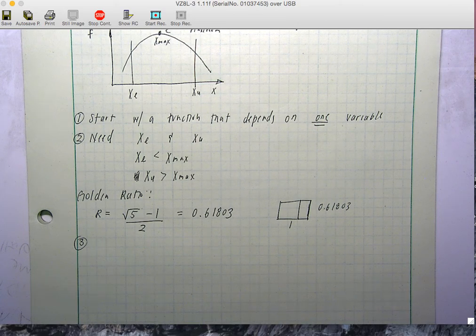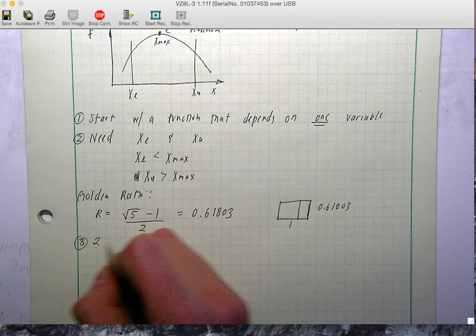So the third step, after you have bracketed 2 points that bracket, you need to choose 2 interior points based off of the golden ratio.